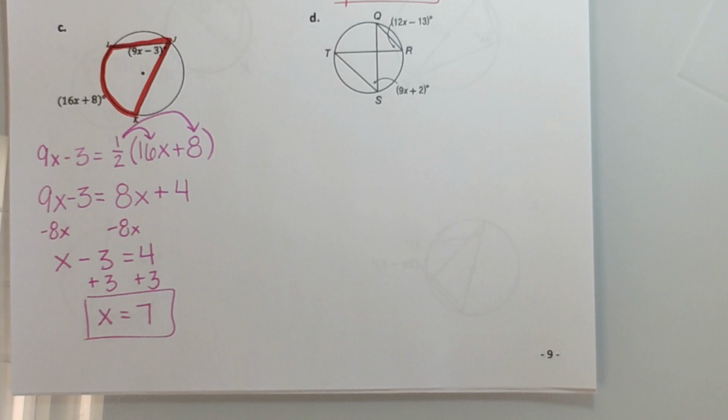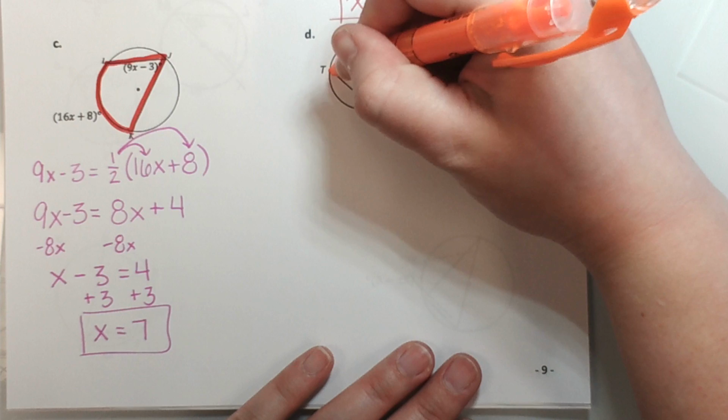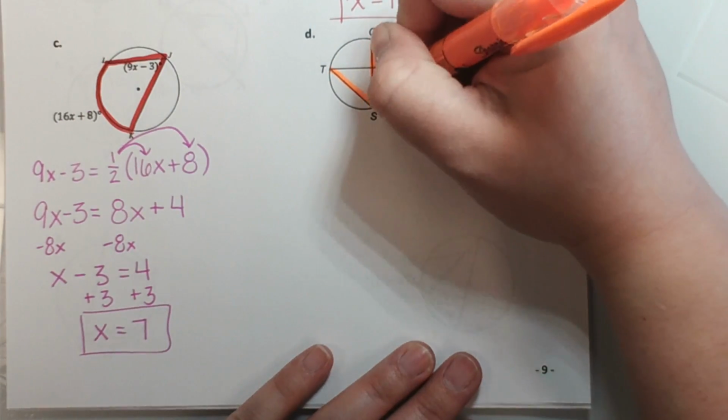We have one final problem here. But this problem's a little different. Seems... That looks funky, Miss Benson. It does look funky. It's got a lot going on. So I try to break it down a little bit further. Okay, I see this here is one of the things I know.